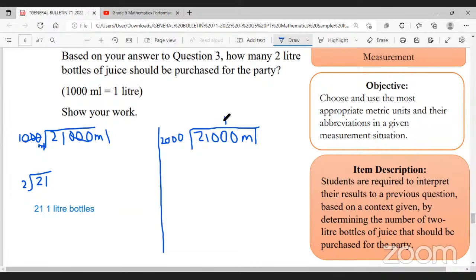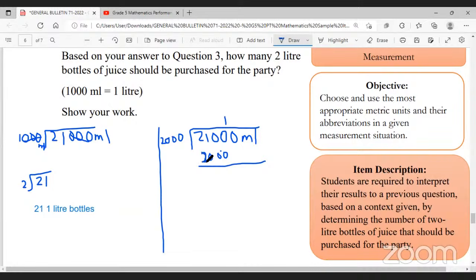It goes 1 time. 1 multiplied by 2,000 will give us 2,000. Draw a line here. This is long division, by the way.